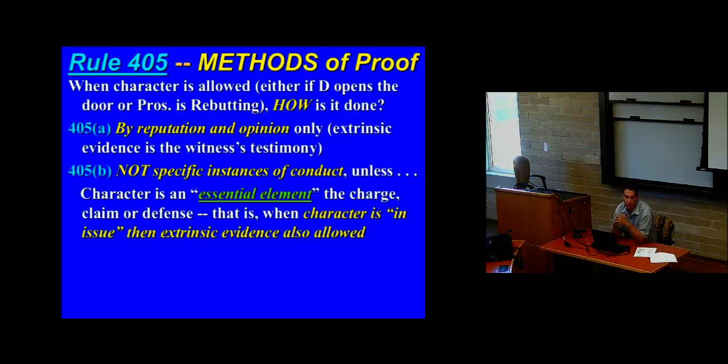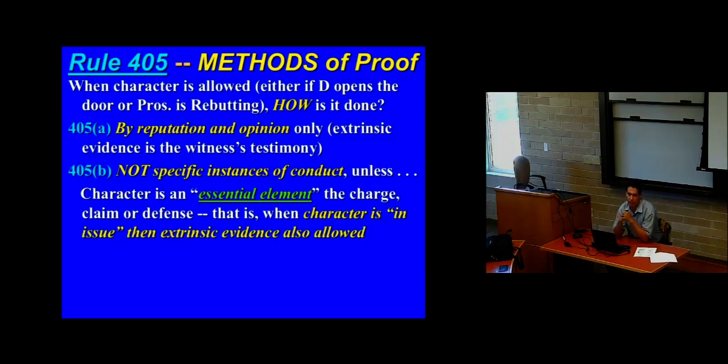You have to be able to bring up the parent's character, because what we want to do is be able to show what kind of person they are. In those rare instances where character is an essential element, then you not only get to use reputation and opinion evidence, but you can also use a specific instance of conduct.